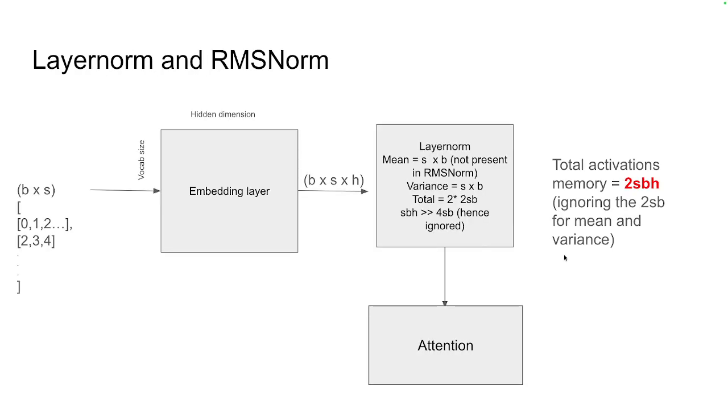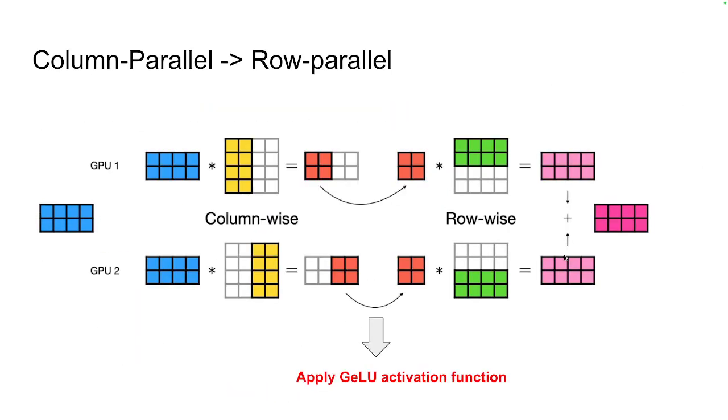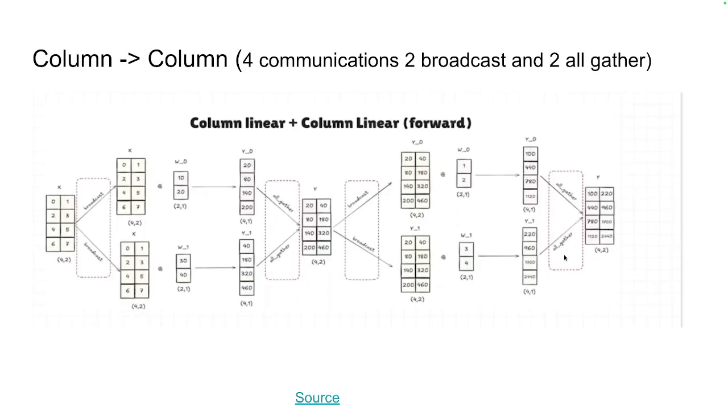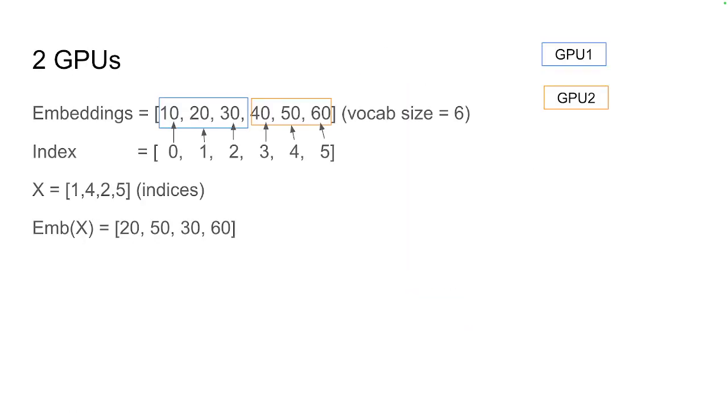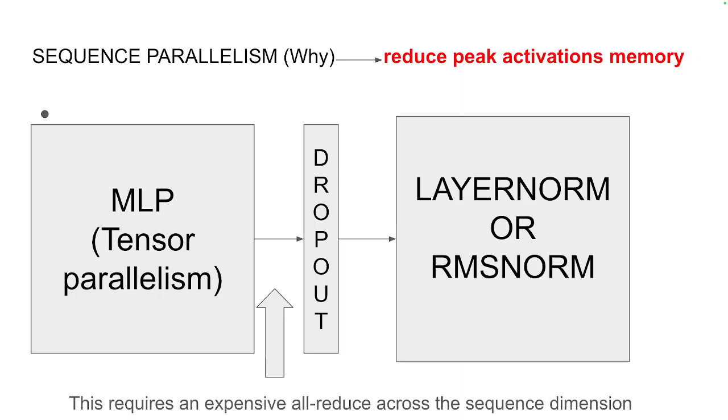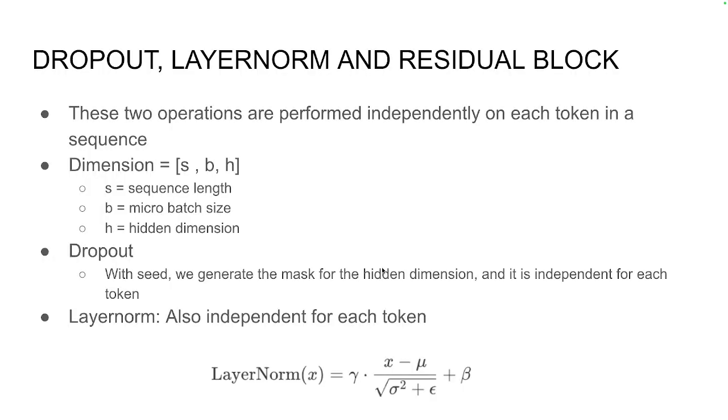So let's go back to our slide on sequence parallelism. Sequence parallelism is generally applied for dropout and layer norm. As I explained, dropout is on the hidden dimension, and layer norm is also on the hidden dimension, so we don't technically need the sequence length to be materialized.